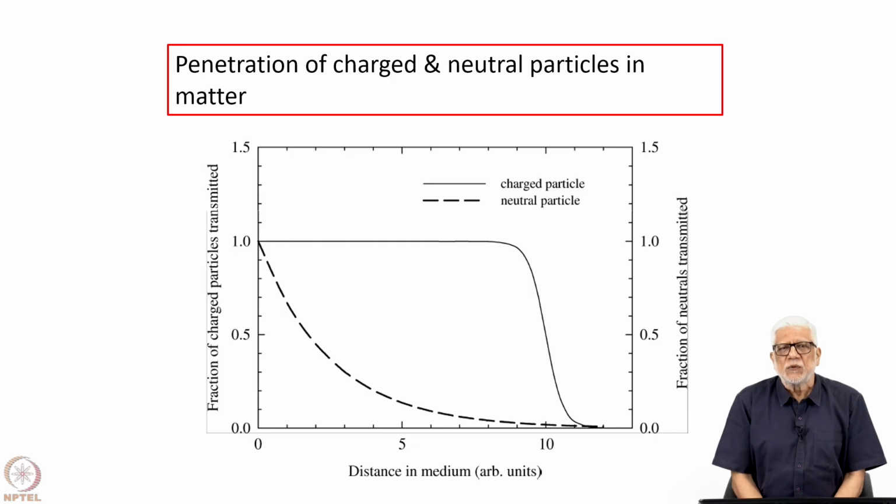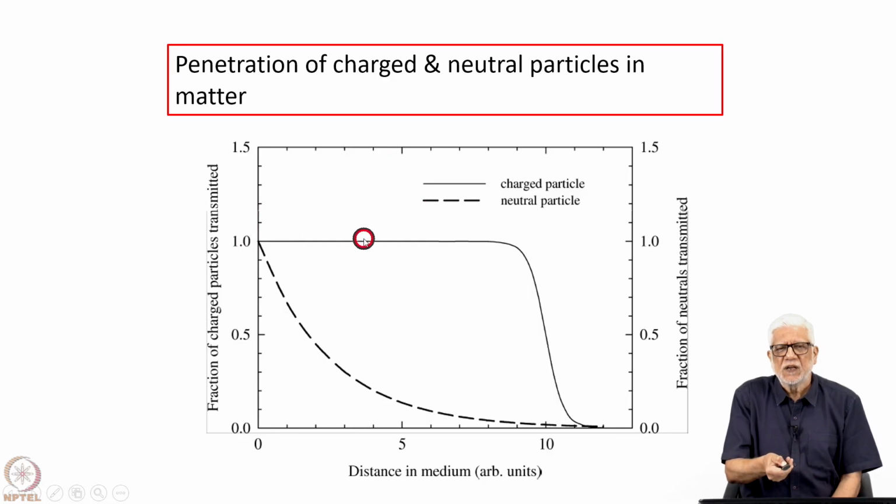Okay, now there is a basic difference in the way charged particles and neutral particles propagate in matter, or the penetration of charged particles and neutral particles in matter. For instance, what is plotted here is the distance in the medium in arbitrary units and the fraction of the charged particles transmitted. So you can see that for charged particles, you have 1 at small distances, and then it drops off to 0, and the halfway distance is usually termed as the range of the particle.